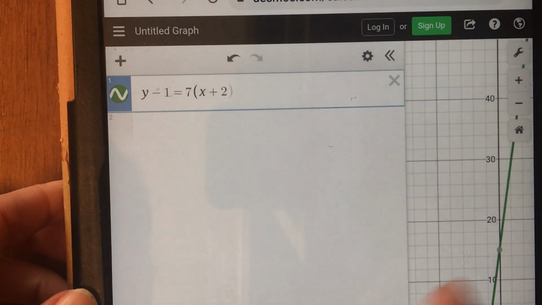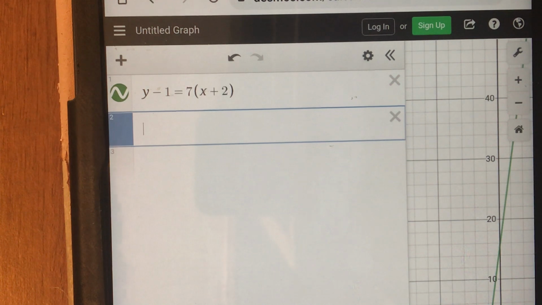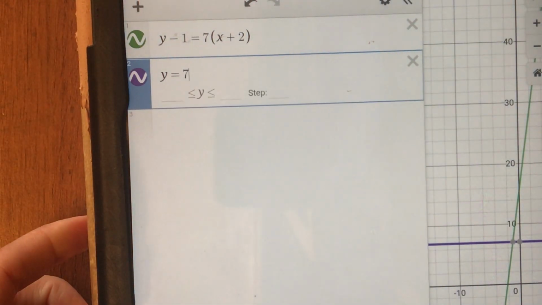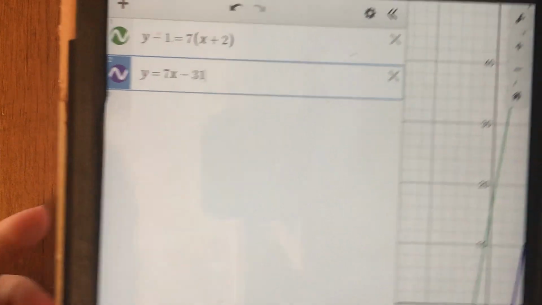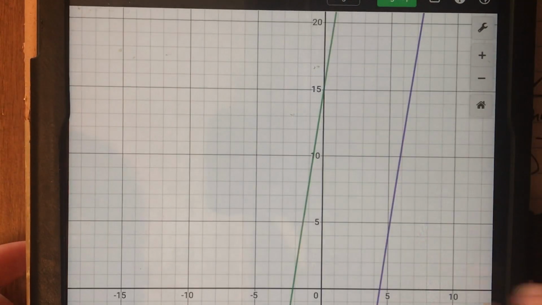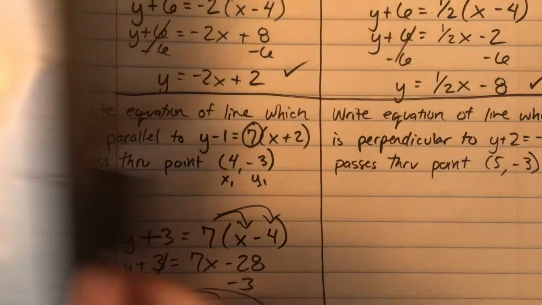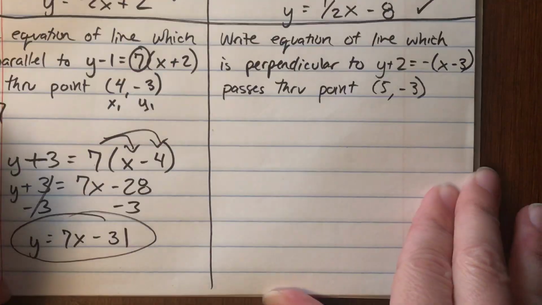That was the equation we were given, and we were looking for a parallel one, and the answer we got was y is equal to 7x minus 31. So 7x minus 31, and are they parallel to each other? Yes, they are. And so you should know, in the end, whether it checks out visually or not.